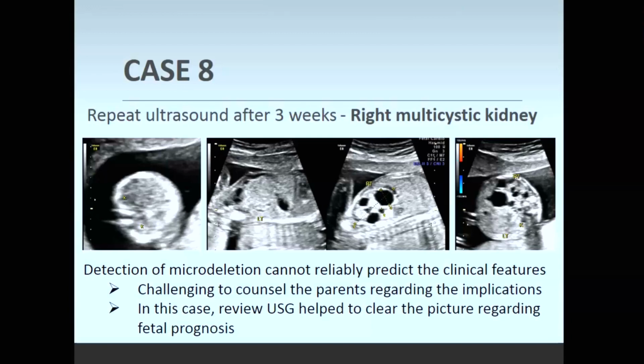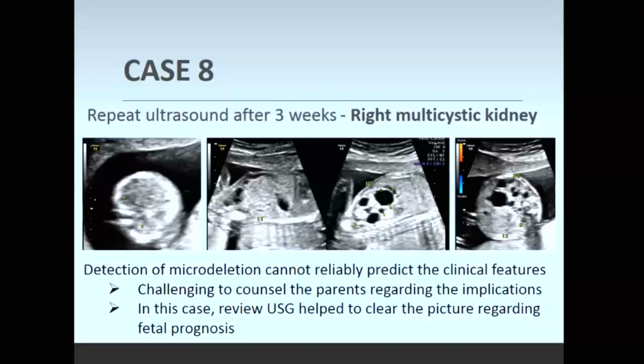Will you like to do the microarray of parents in these cases? In this case? We should do. Why? Because this particular deletion, as reported in literature, has variable phenotype.